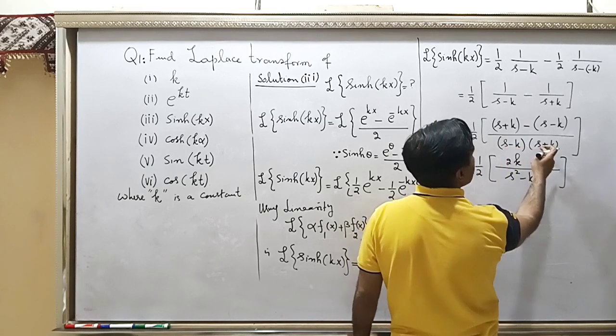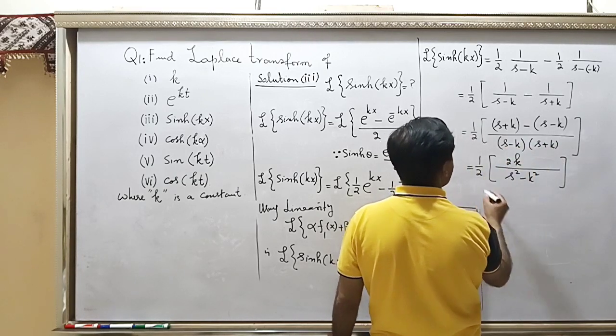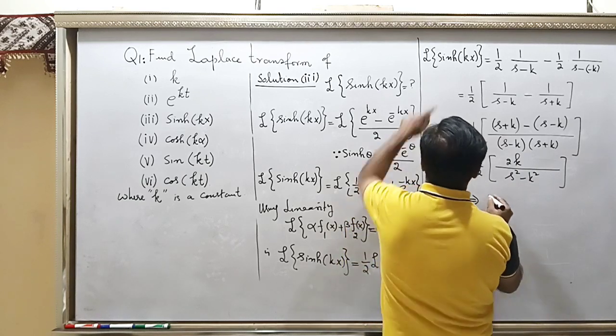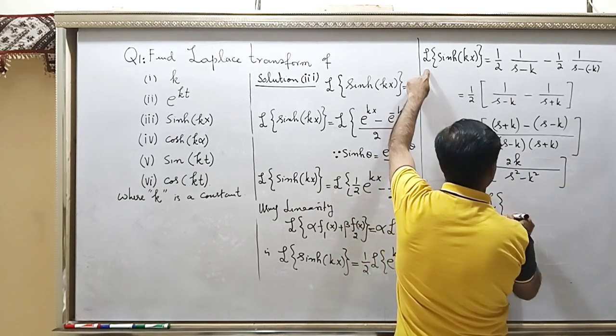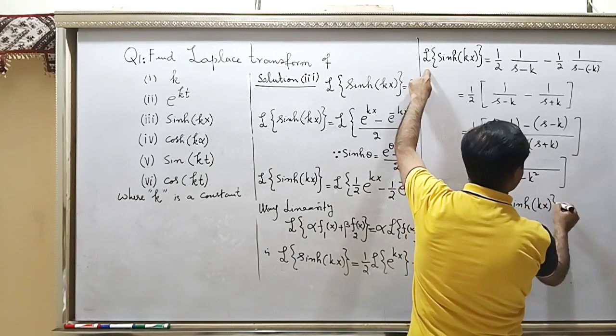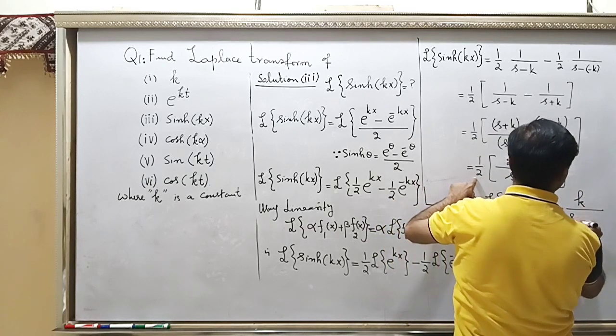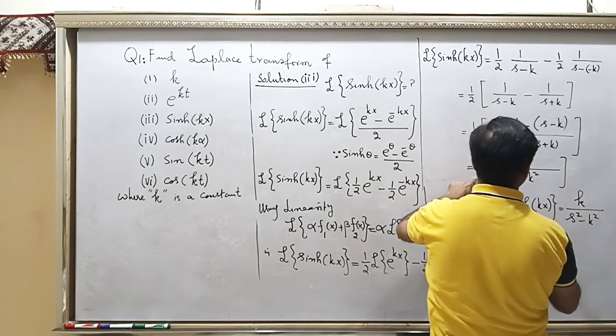This is a minus b into a plus b, which is equal to a square minus b square. This 2 will be cancelled, and therefore the Laplace transform of sine hyperbolic kx is equal to k over s square minus k square.